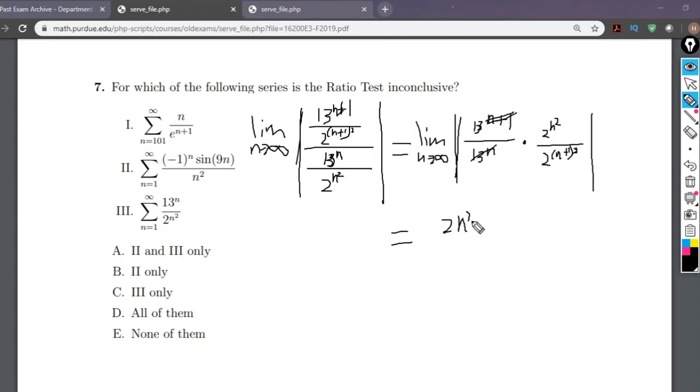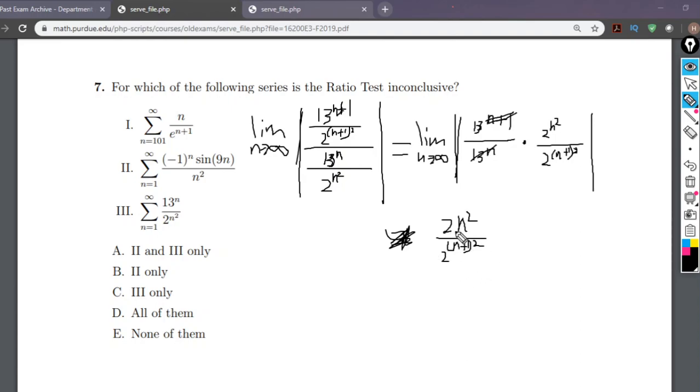Let's get that out by itself. We can see this as an exponent divided by another exponent.